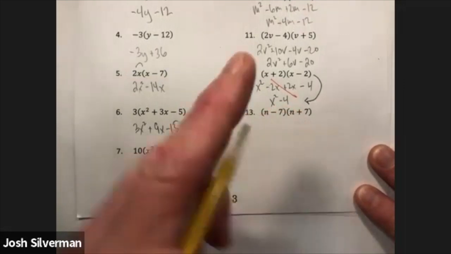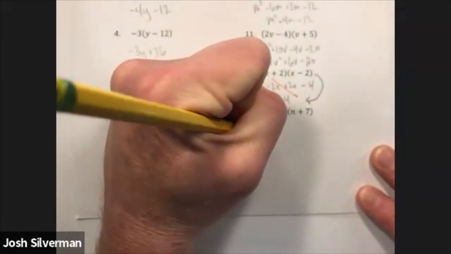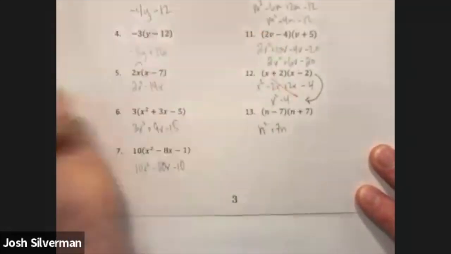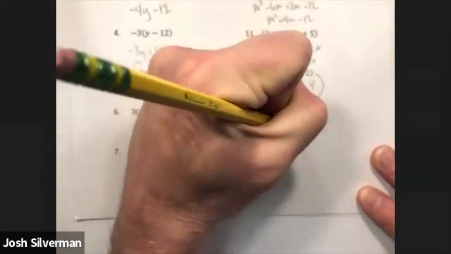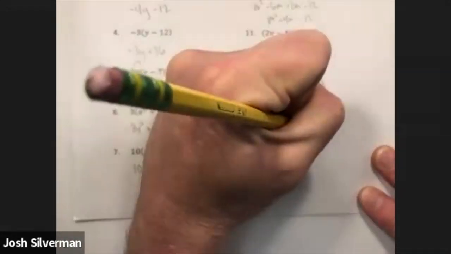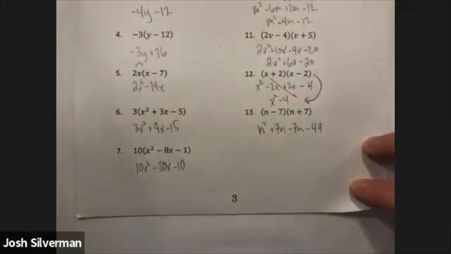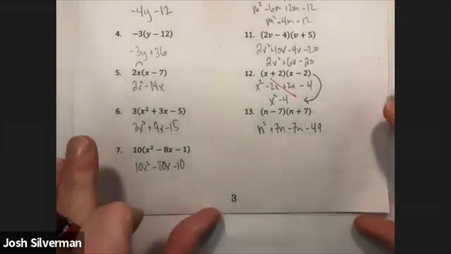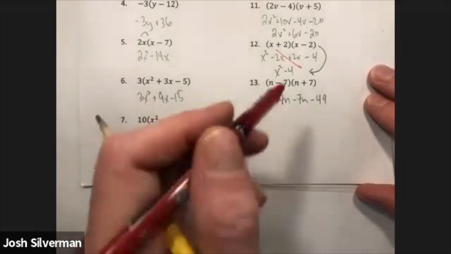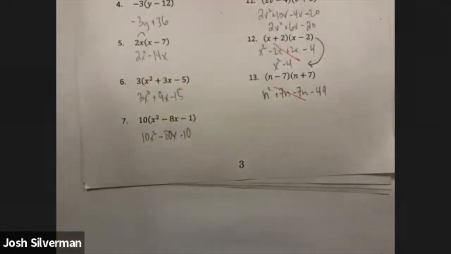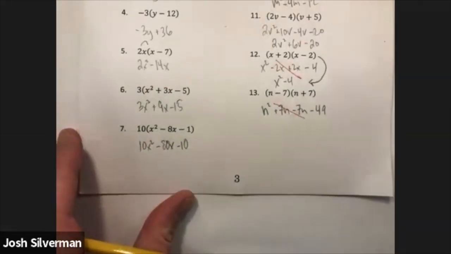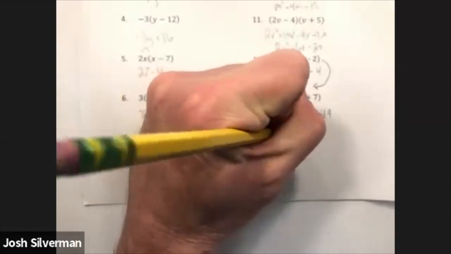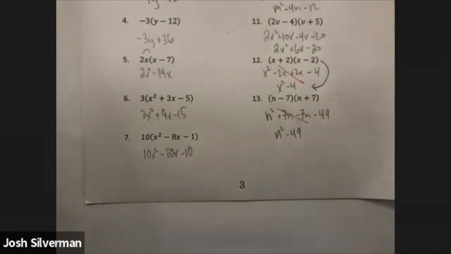Let's see that again in number 13. First, outside, inside, last. What do we get when we combine those two middle terms? Nothing. They cancel right out. What's left behind? N squared minus 49.